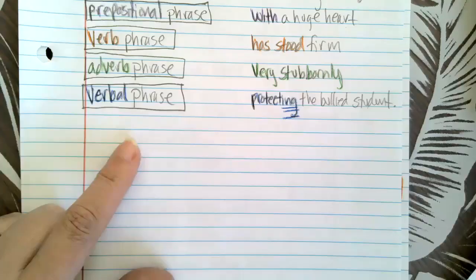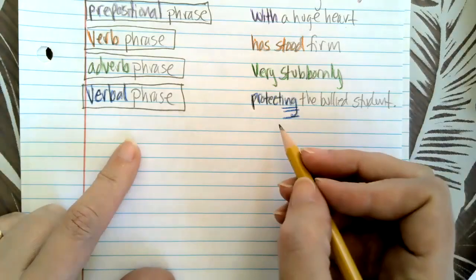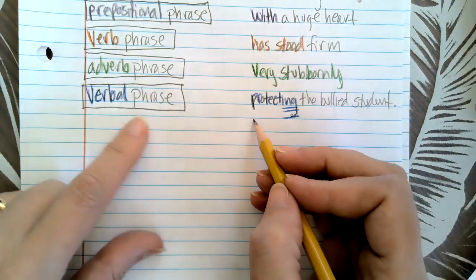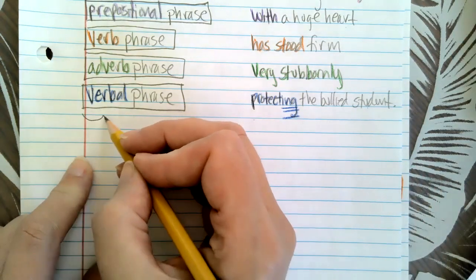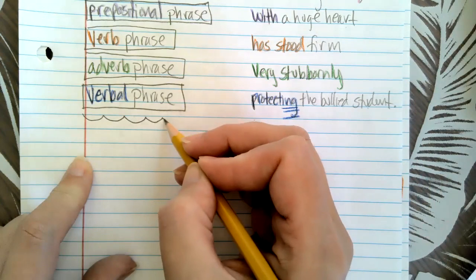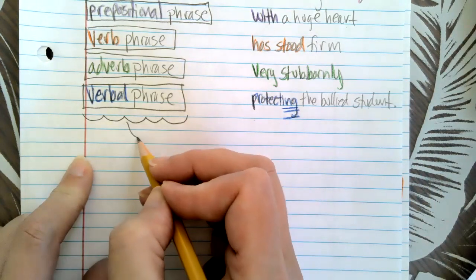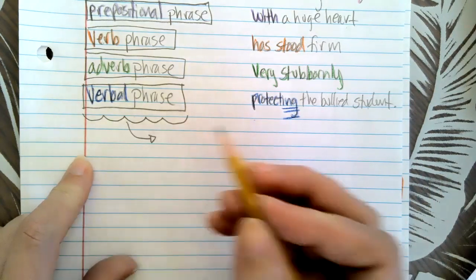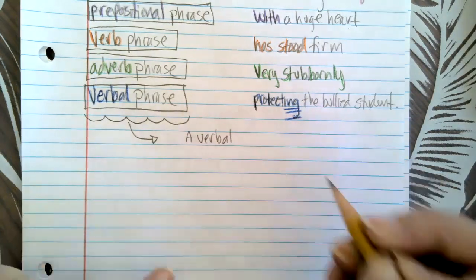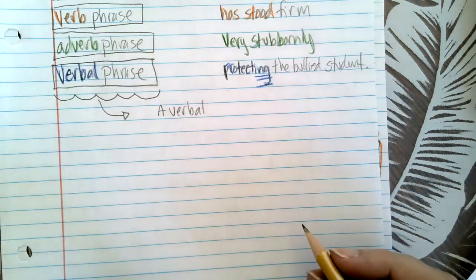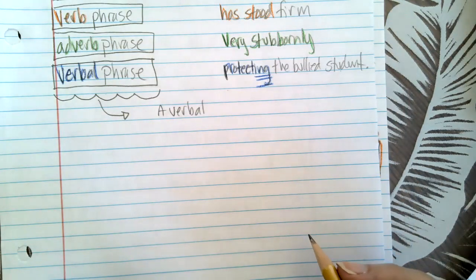Let's begin. The first thing that we're going to do is identify what a verbal is. We're going to do a loopy thing here just to show that we're talking about verbals. A verbal is a word derived from a verb, but it's acting as another part of speech.